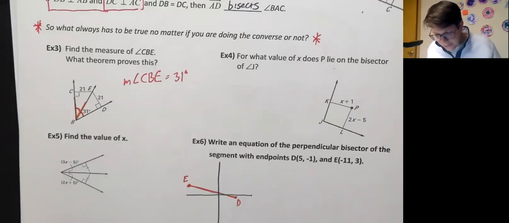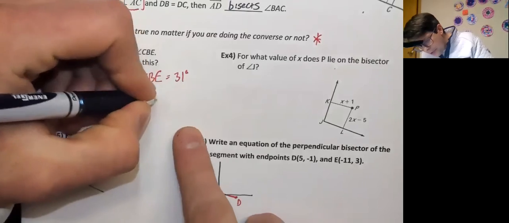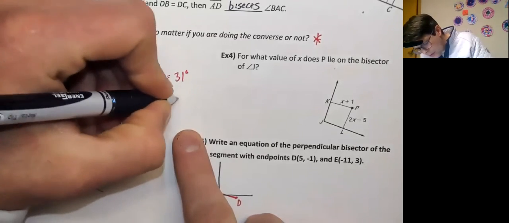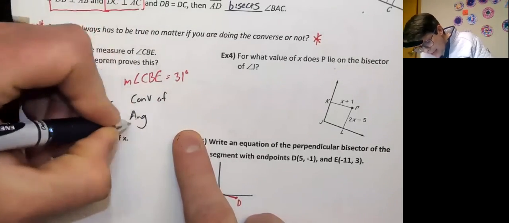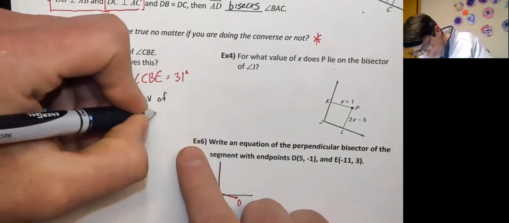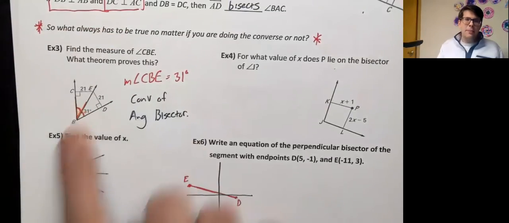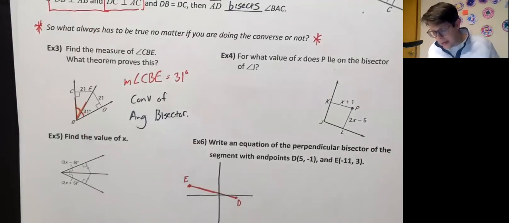This is from the converse. The reason that I know it's the converse of the bisector is because I'm starting off with the perpendicular angles and the equidistance, and then I'm getting my conclusion from the actual angle bisector.